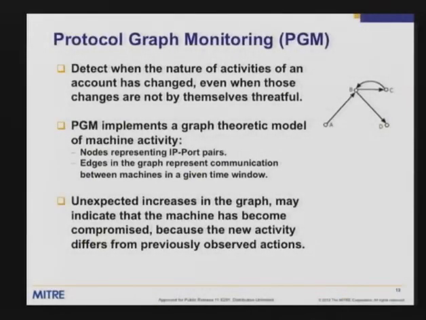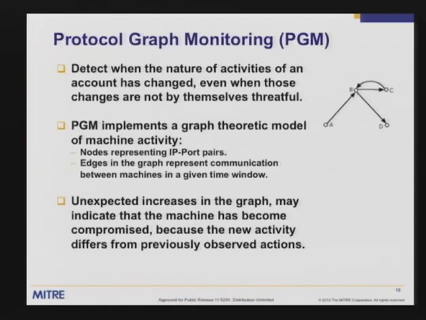The next thing we started looking at, when we found these clusters being really unstable and we weren't able to easily use that as a detection mechanism, was what we refer to as protocol graph monitoring. There was a PhD thesis from Carnegie Mellon about protocol graphs used across the entire enterprise to detect when different bad things were happening in their network.